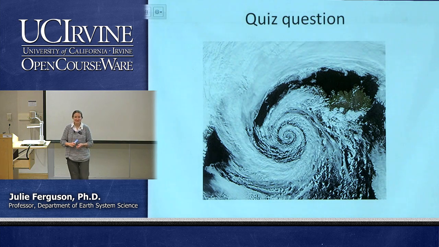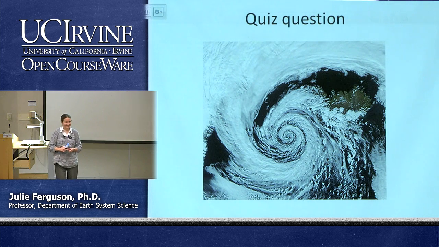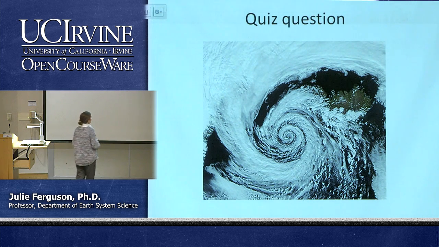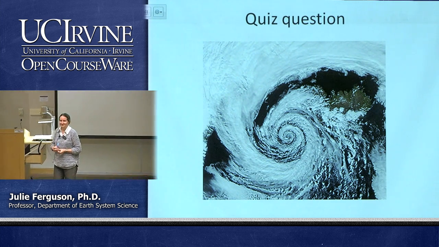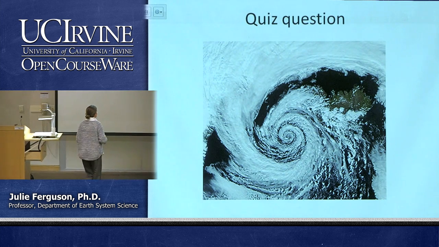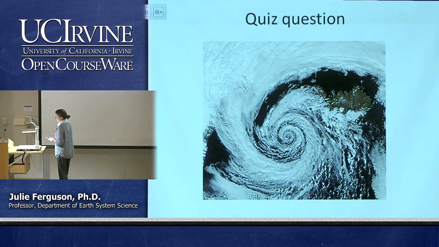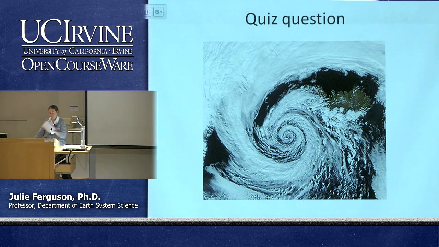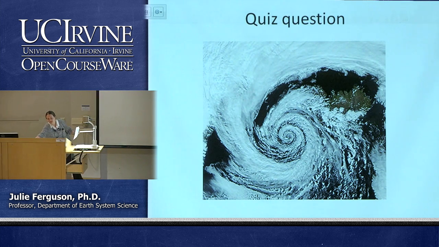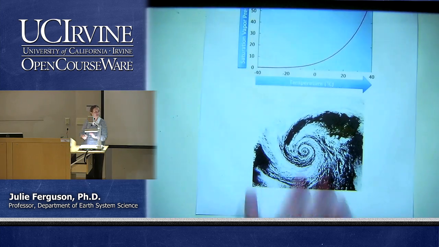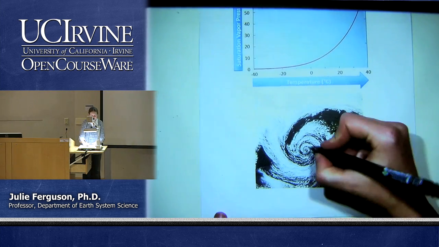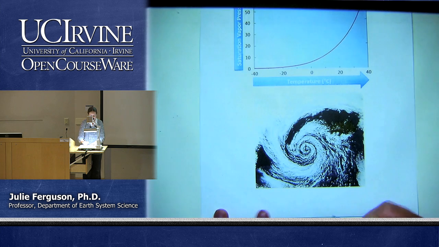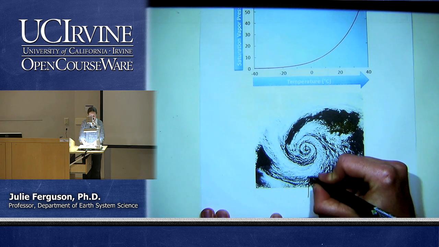So everybody's favorite question. I said that wind was moving into this system. So does that mean it's a low pressure or a high pressure? Low. So I said it was moving in, so it's a low. And which way is it spiraling? Here's my low in the center. Air is going to be moving in.